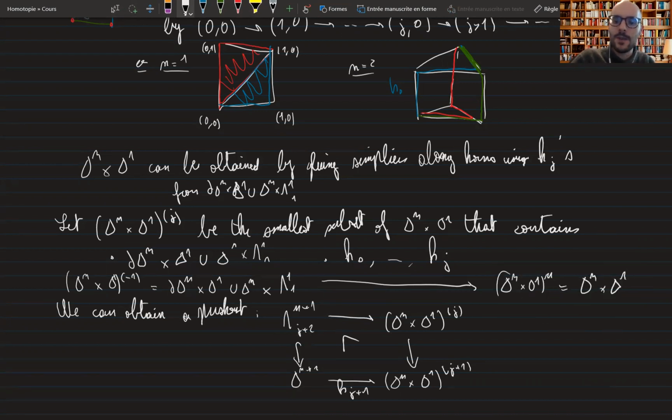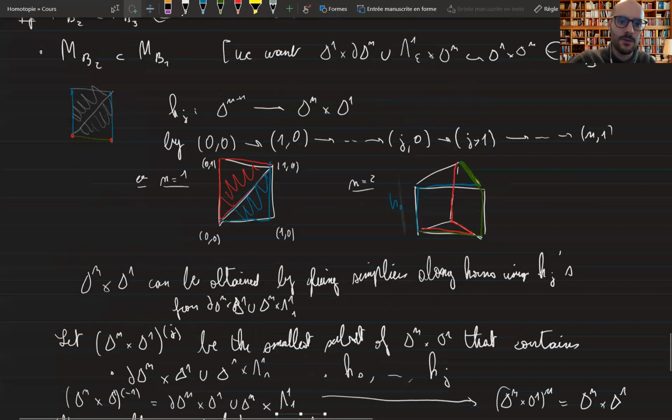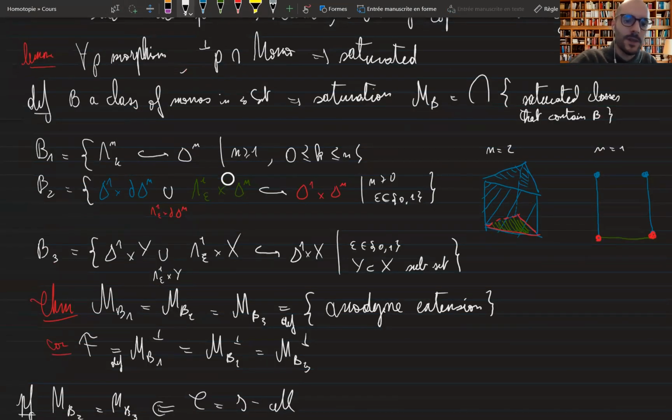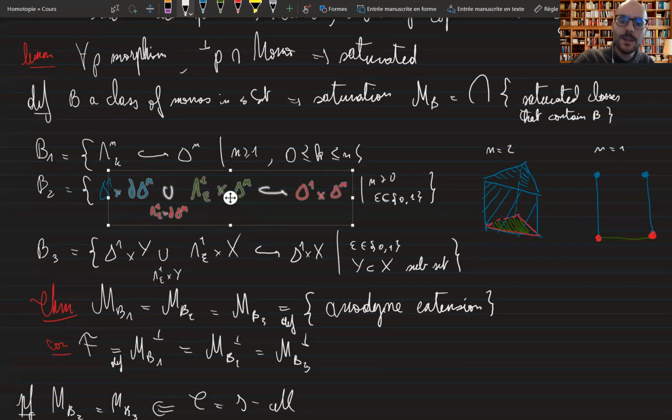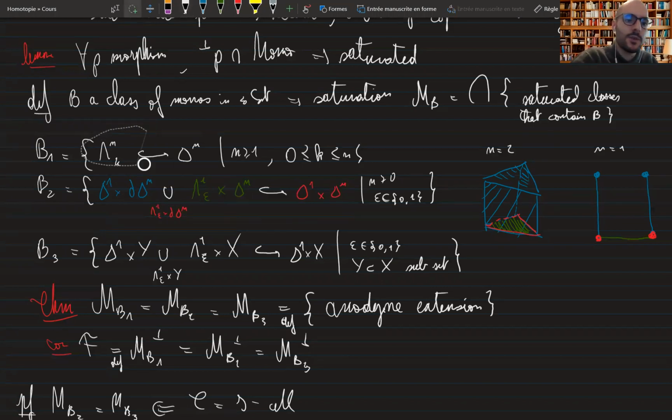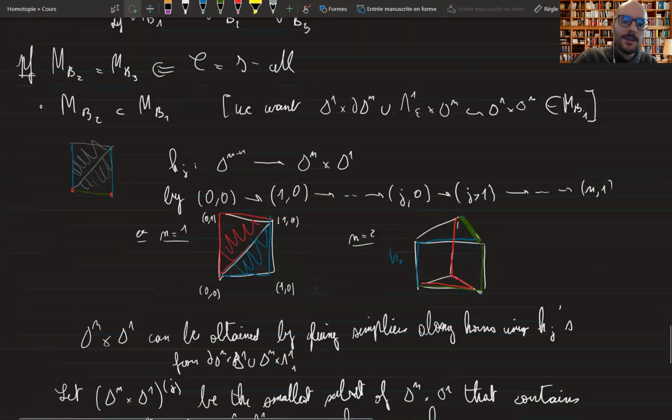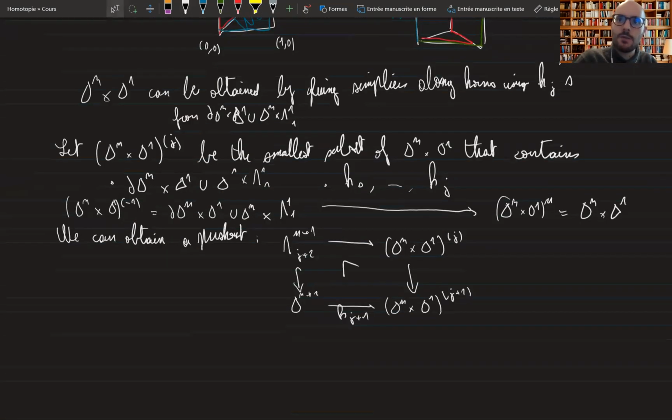And so therefore this map is obtained as a composition of push outs along maps from, so let's recall what we are trying to do. We want to prove that this map is in the saturation of this set. And we have proved that it can be obtained as a finite composition of push-outs along maps like this. So it is in the saturation. Okay? Any questions?